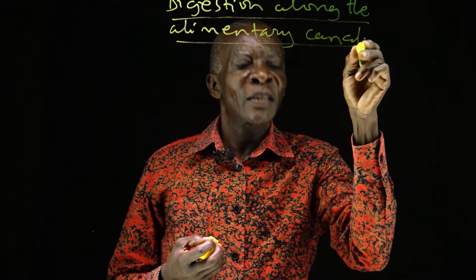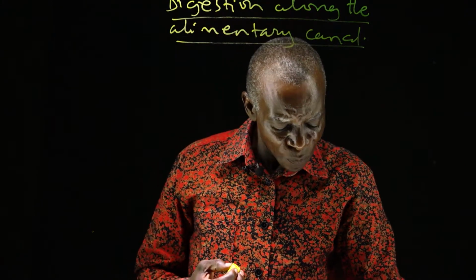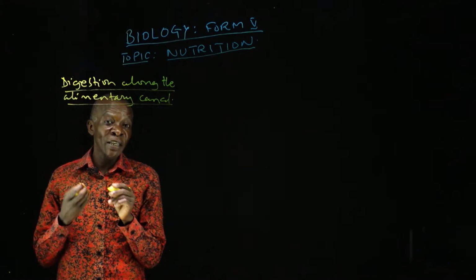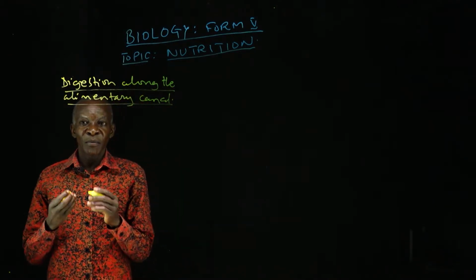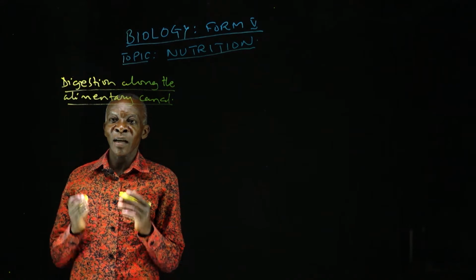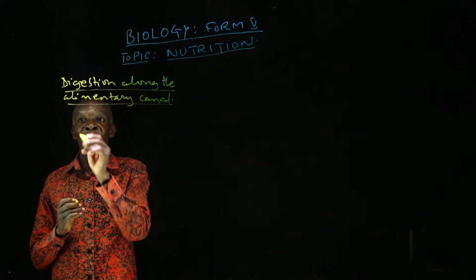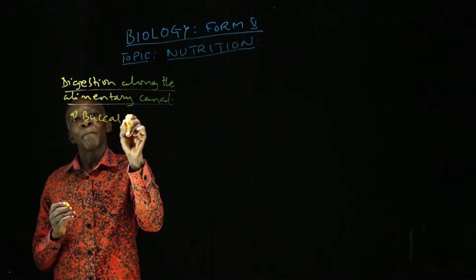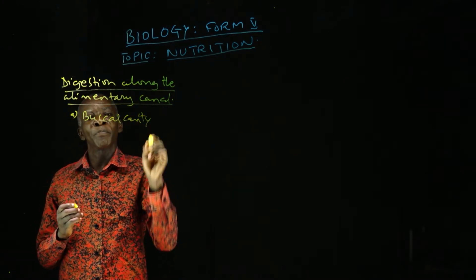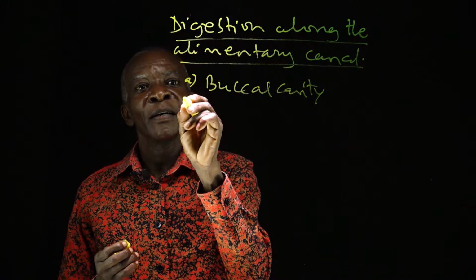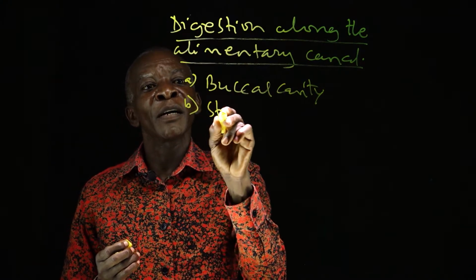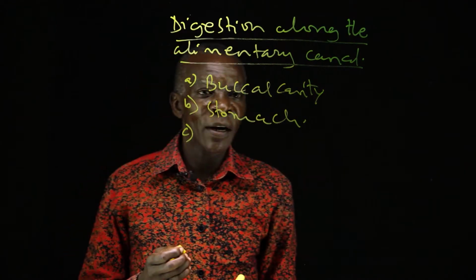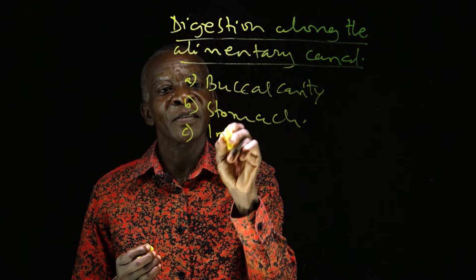In other words, we look at the types and the sources of digestive juices. Well, the parts of the alimentary canal that are involved in the process of digestion include, one, the buccal cavity, or simply the oral cavity. Second, we have the stomach. And the third one, we have the intestines.